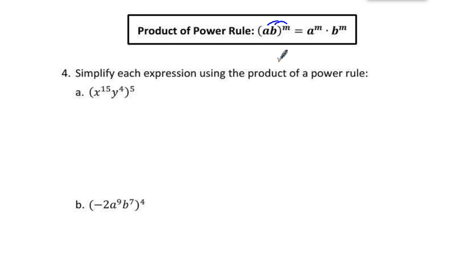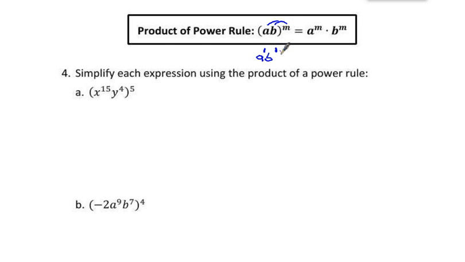This gets somewhat confusing when there is a coefficient or just a variable without an exponent written. In this case, a and b are both raised to the first power. And what was being multiplied was the exponents.